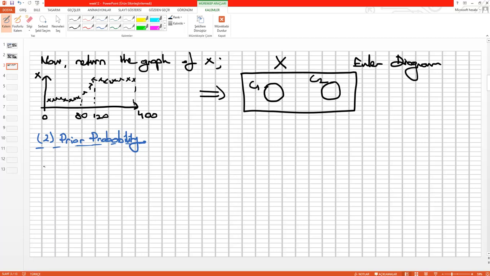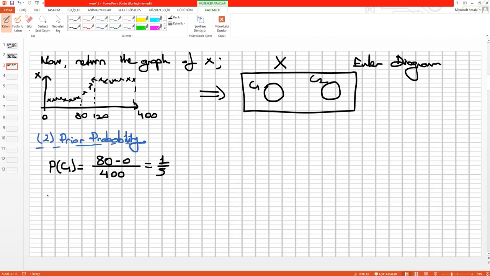I simply create this P(C1) as the number of C1 data divided by the total number of the 400 data given here. We have 80 values, so this is equal to 1 divided by 5.